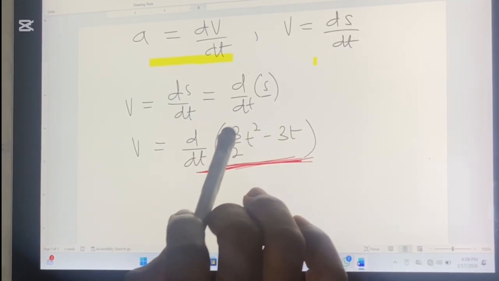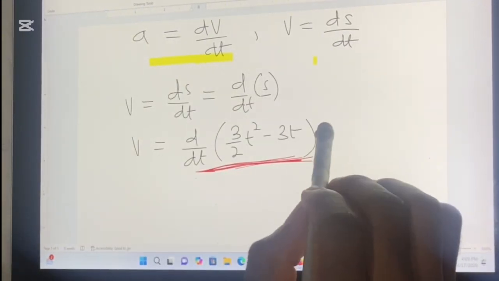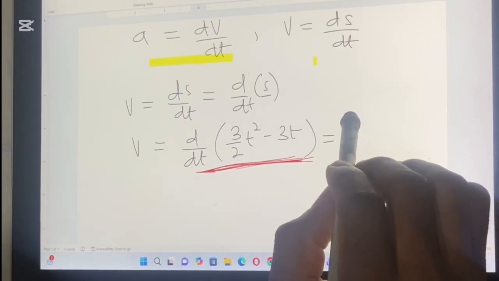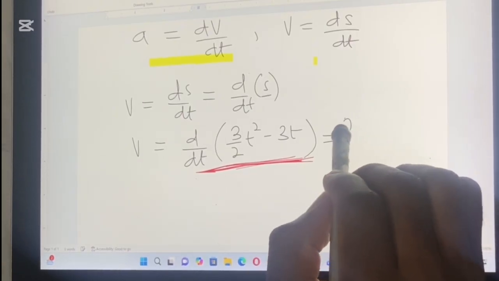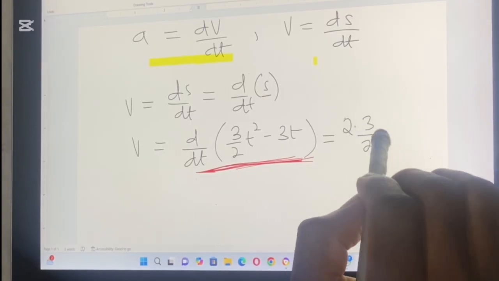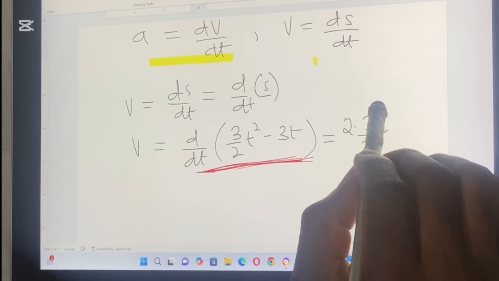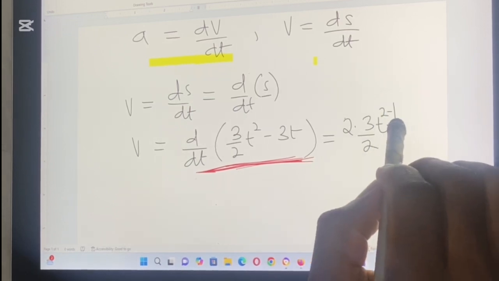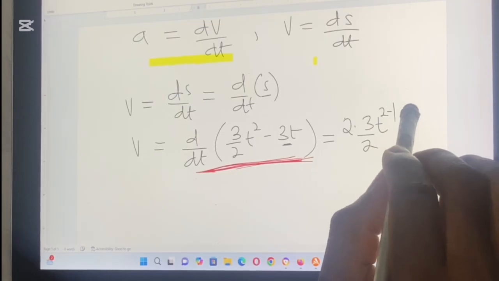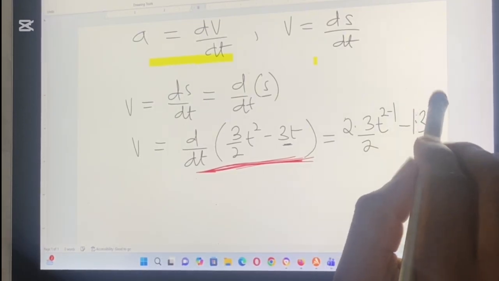So let's differentiate. Take this power down to the base and subtract 1 from it. Differentiate this: take the power down to the base, I'll have 2 of 3 over 2, subtract 1 from it. This is going to be 2 t of 2 minus 1, minus this. Do the same thing here. I will have this to be 1 times 3 of t raised to the power of 1 minus 1.